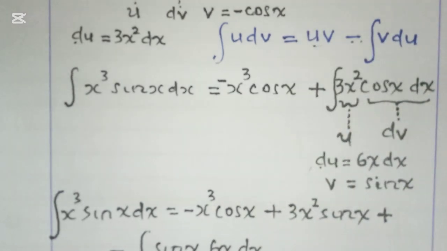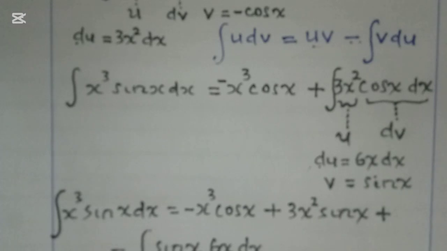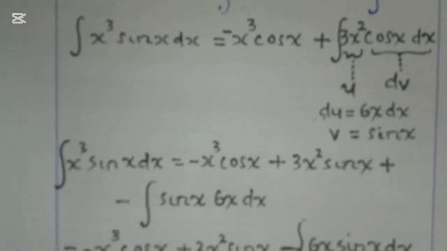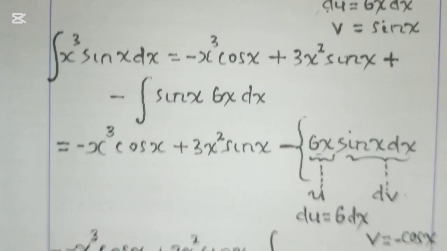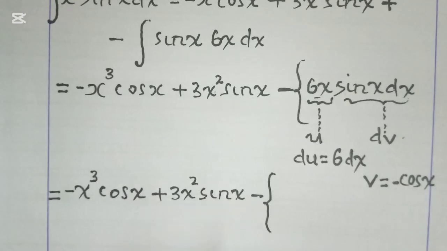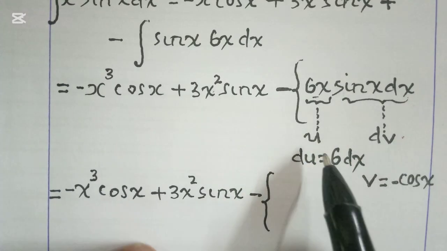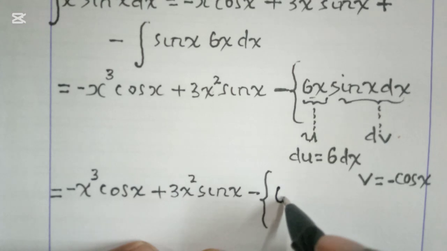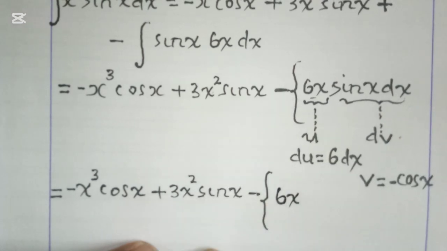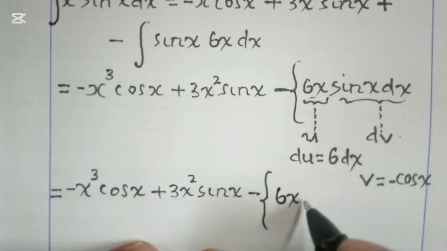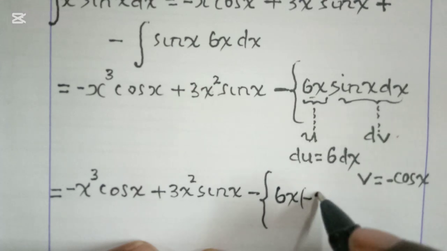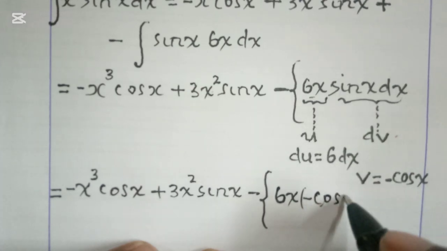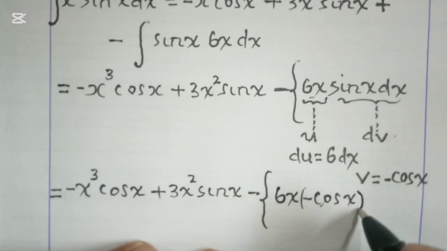So now we need u and v. So guys, let's look at u and v for this. U is 6x, so I write there 6x. Then I write negative cos x, which is now v.